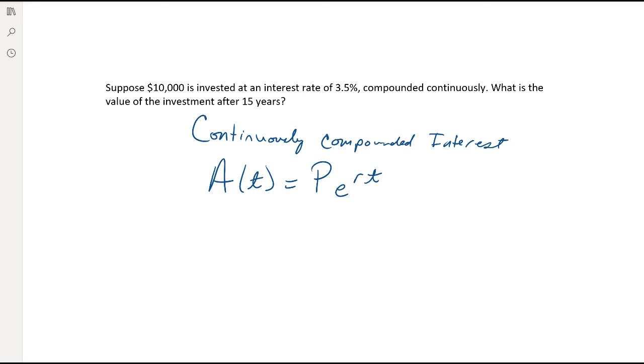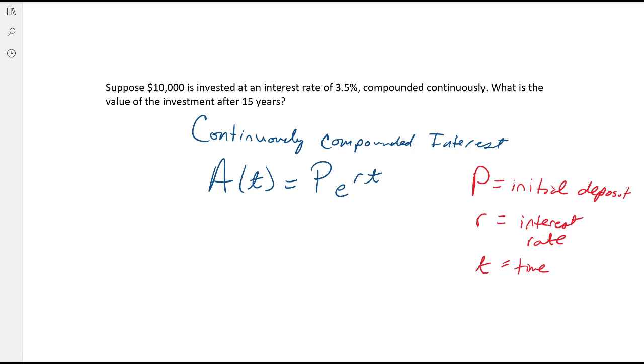Where, once again, if you remember your discrete compound interest formula, P represents principal, aka the initial deposit. R is your interest rate. And T is time.